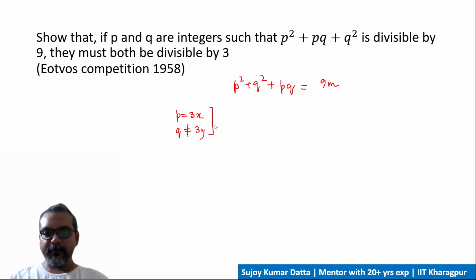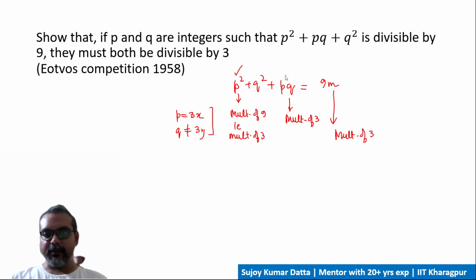So that means p squared becomes a multiple of 9. pq is a multiple of 3, and a multiple of 9 is also a multiple of 3. So in this equation, this is a multiple of 3, this is a multiple of 3, and this is a multiple of 3.